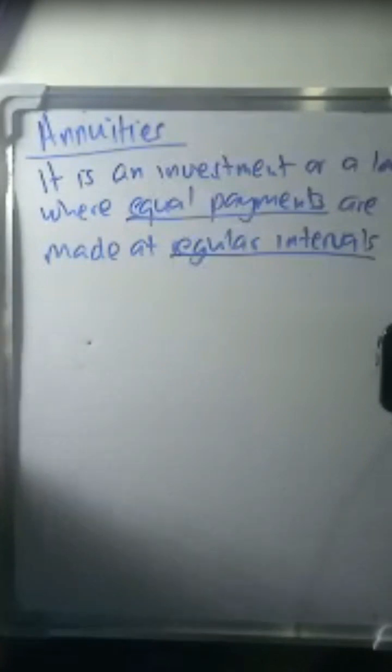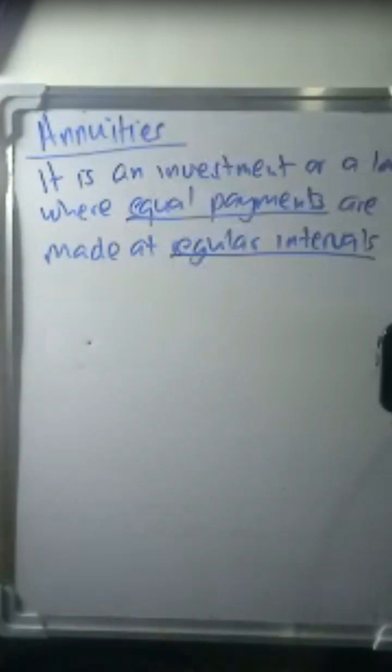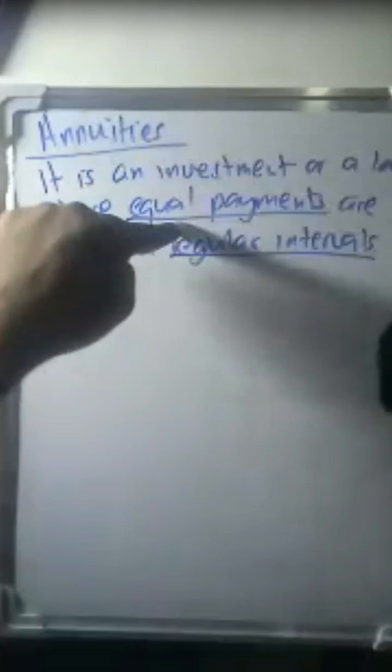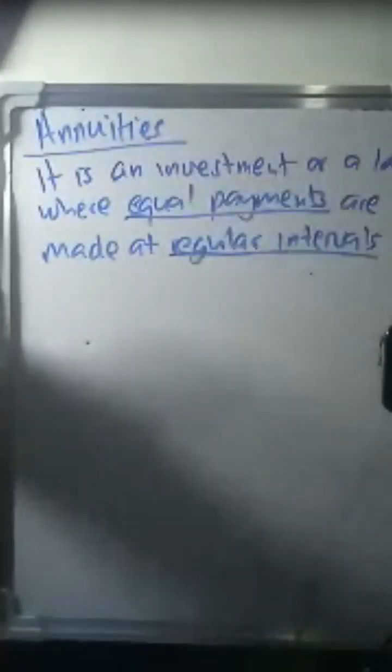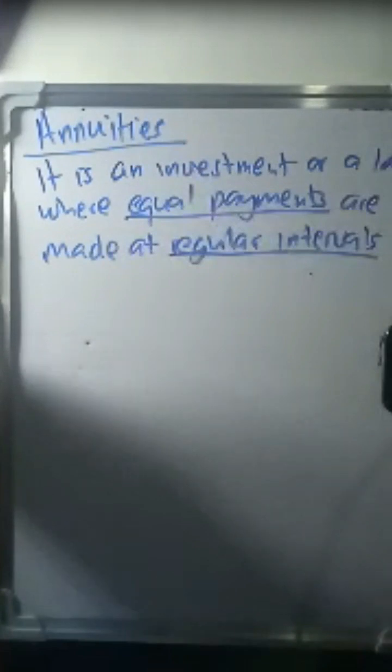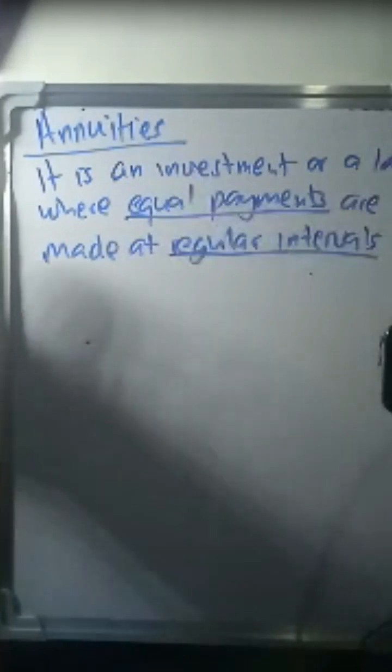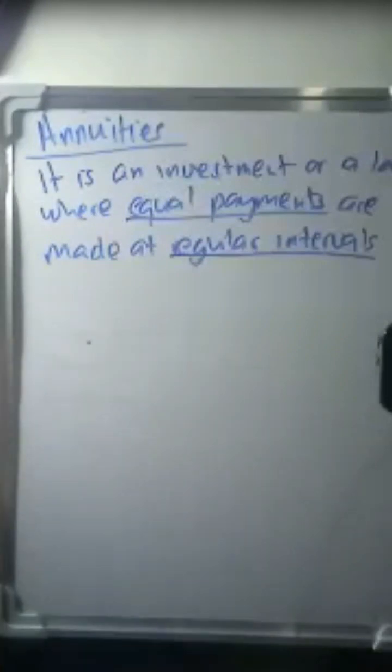That is an annuity because each and every month you are going to pay equal payments. If you are paying 3,000 every month, you'll be paying 3,000 until you amortize that loan. Amortizing a loan is finishing paying the loan plus the accumulated interest.